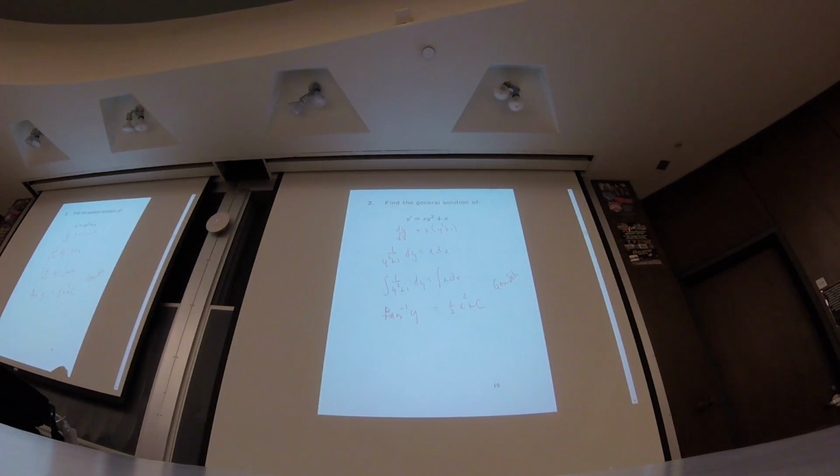The goal is to solve this for y if you can. Sometimes you can, sometimes you can't. This time we can. Inverse tangent of y is this, which means, taking the tangent of both sides, y is the tangent of 1/2 x squared plus c. So I can actually solve this implicit expression for y. We'll see examples in a minute where you can't solve for y, but you try.